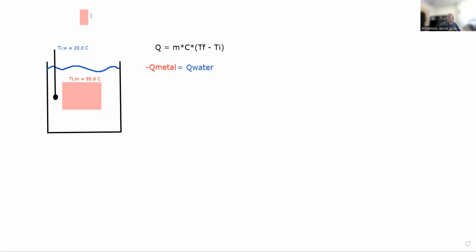And let's say this piece of metal weighs 15 grams. So the mass of the metal is, let's say, 15 grams. We're just going to have to remember that. And it's initially at 95 degrees Celsius when I drop it into this water. The initial temperature of the water is 20 degrees Celsius.